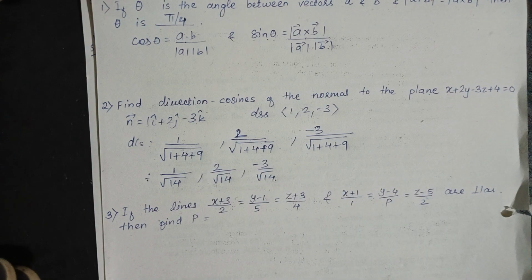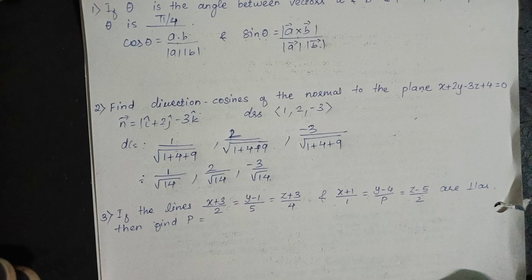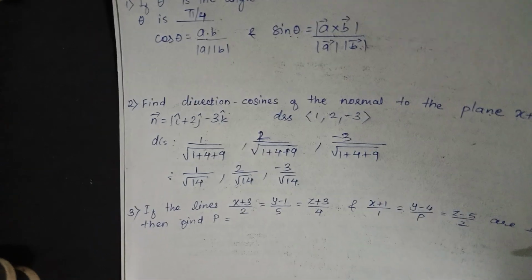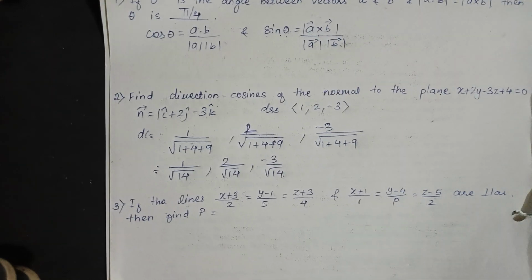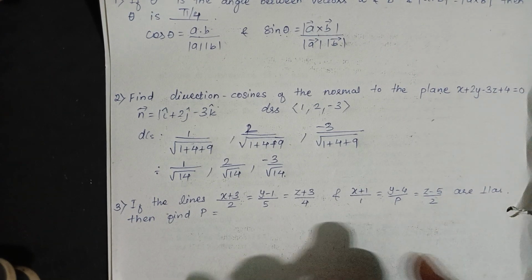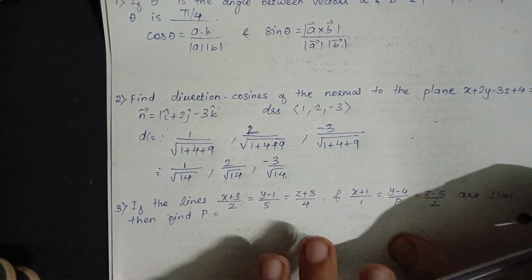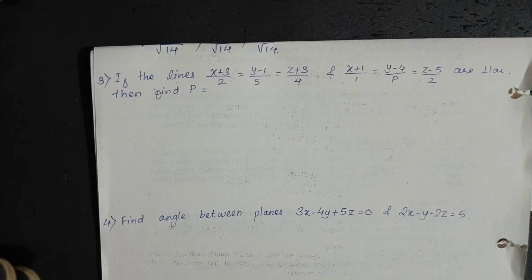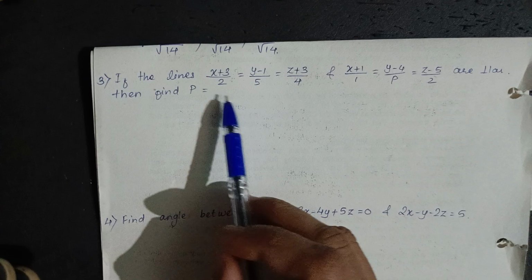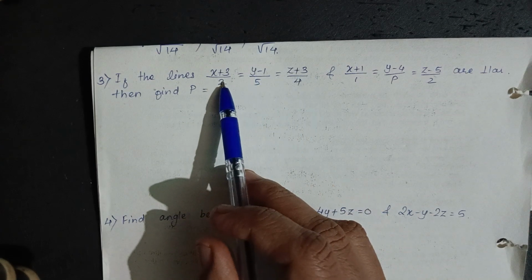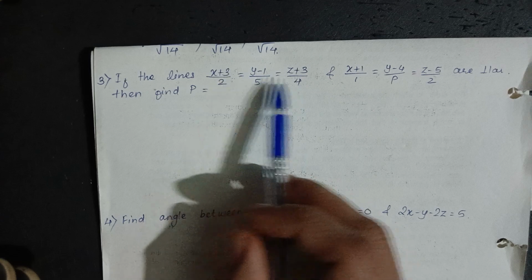Next, if the lines are perpendicular, then you have to find P. In this case you don't have to write it in the general form, but I'll just show you how to write it.